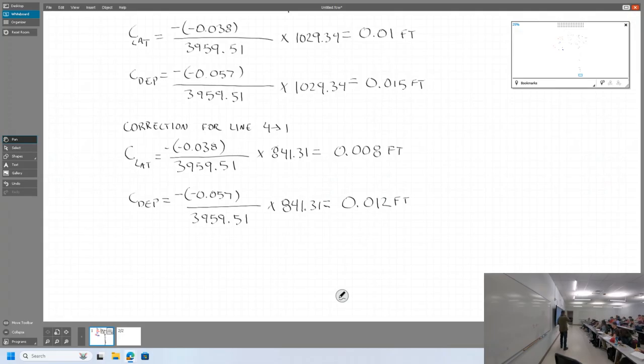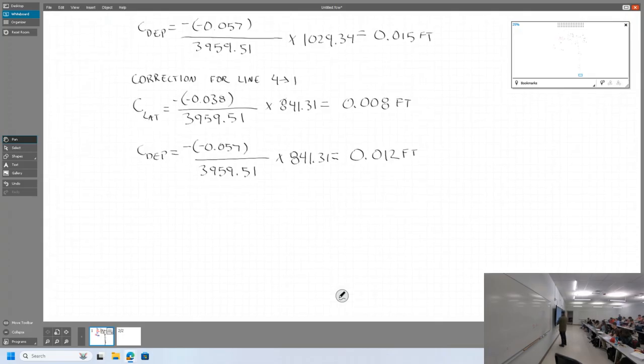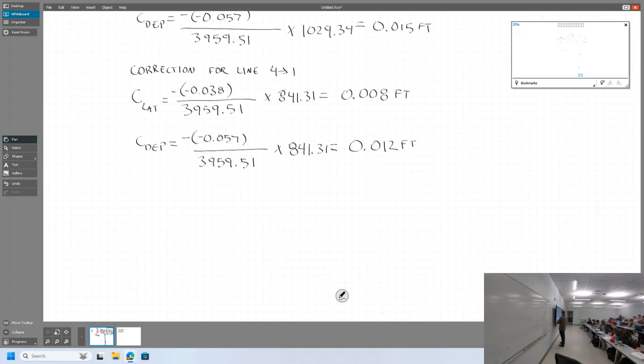So a good check to make sure that you actually did it correctly: what was our closure for latitude? Is it positive or negative? Negative, right? So again, our closure in latitude is negative 0.038, okay?